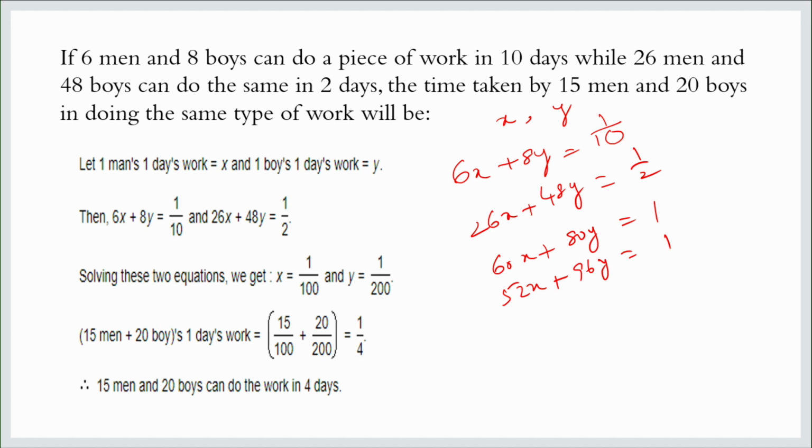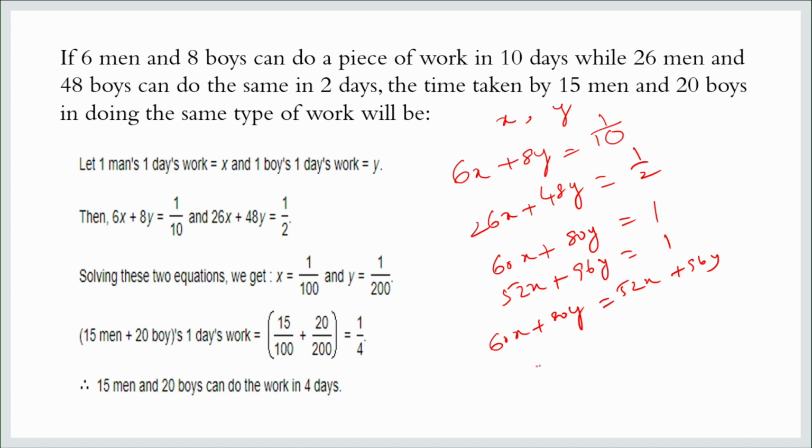correct. This is very simple. So you compare 60x plus 80y equal to 52x plus 96y.